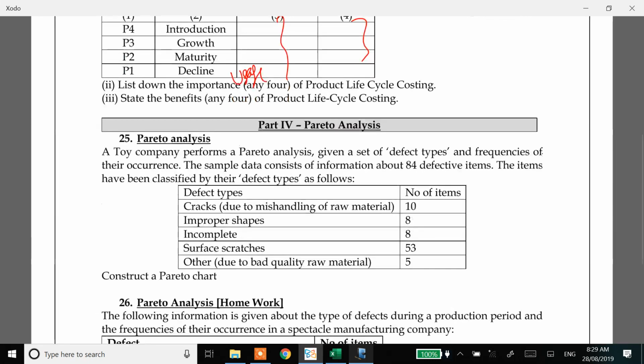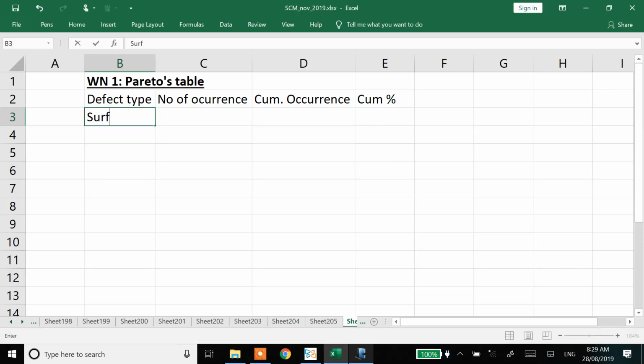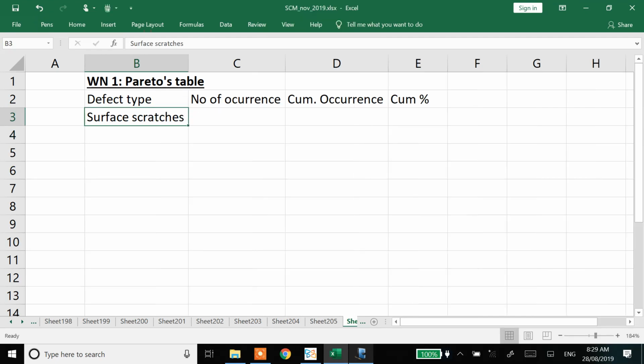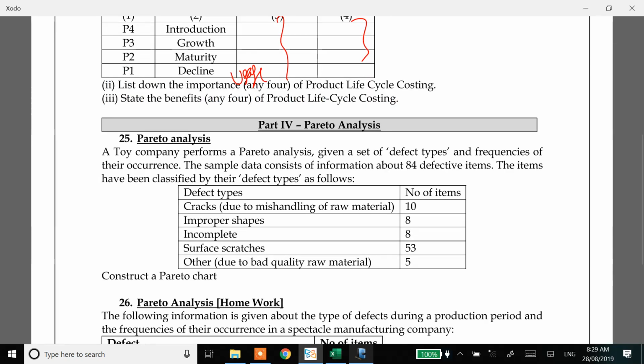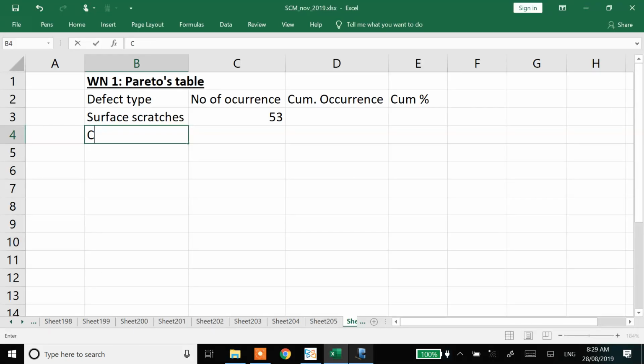Descending order of value. The first one is surface scratches, 53. Next is cracks due to mishandling, 10.